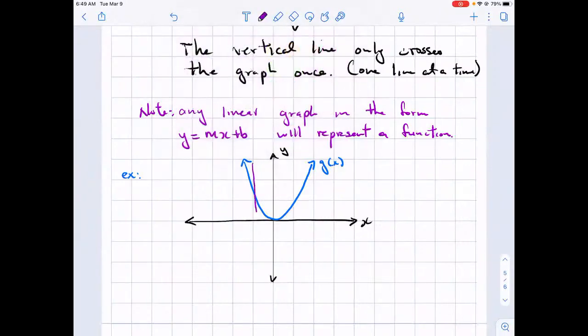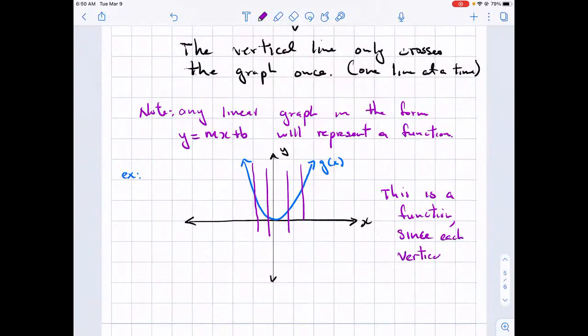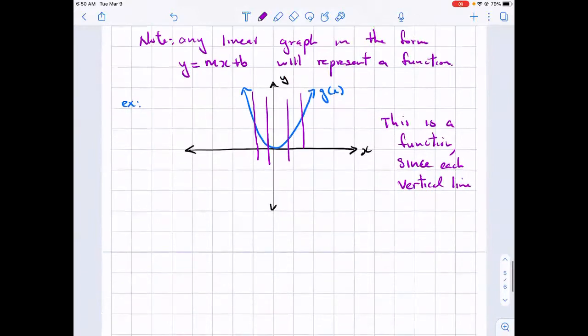And if we draw a bunch of vertical lines, you will notice that this here also is a function, since each vertical line only touches the graph once. Okay? Once is the keyword here.